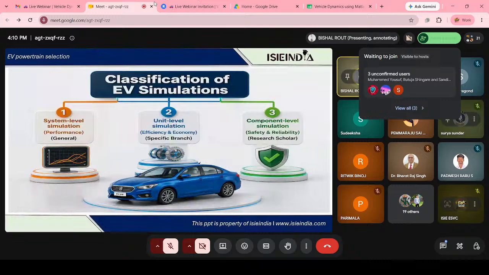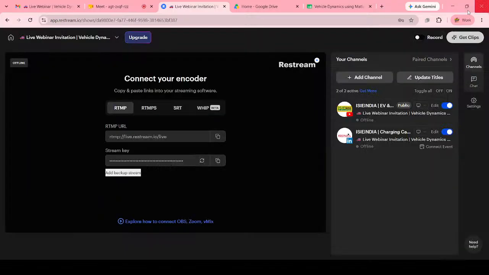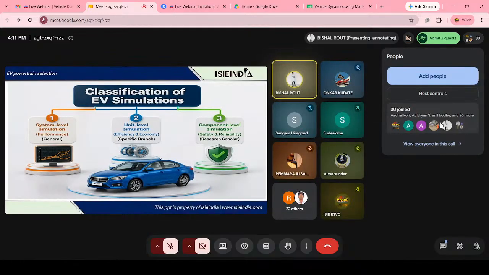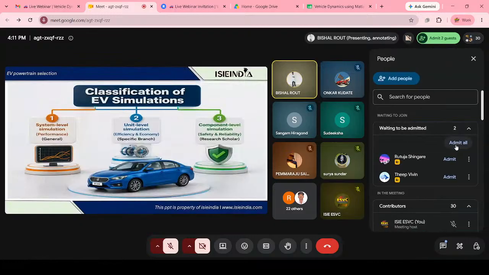Take a hypothetical electric car with a battery pack of, let us suppose, 60 kilowatt hour, and a motor of, let us suppose, 150 kilowatt. The vehicle has its mass, its wheel has its own radius, it has its own reduction gear ratio, its own drag coefficient, and its own frontal area. The engineer may want to determine how the vehicle behaves from 0 to 100 kilometer per hour acceleration. What is the maximum speed this vehicle can achieve?